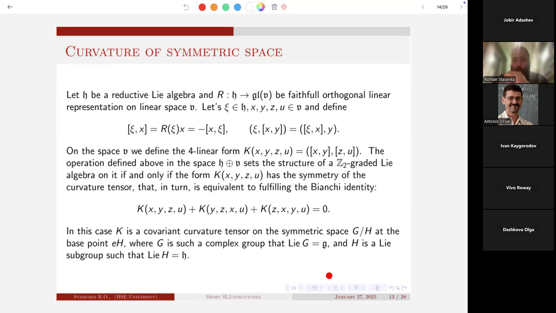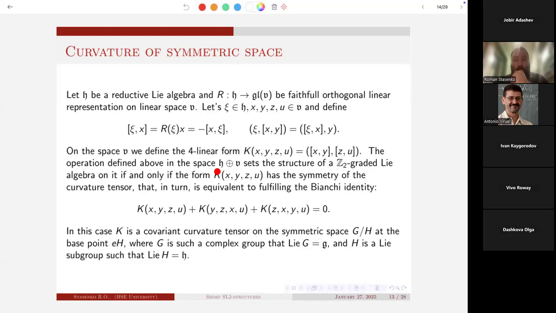Let us consider a reductive Lie algebra H, and let R be a faithful orthogonal linear representation on some vector space V. So on the space of the direct sum of H and V we can give a structure of Lie algebra.